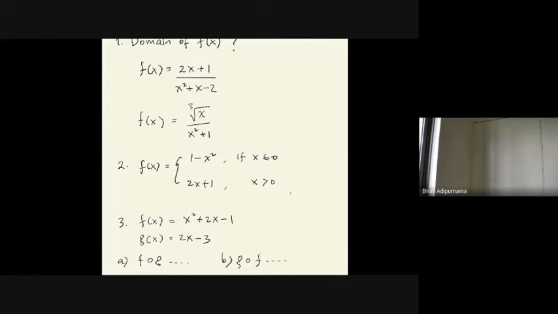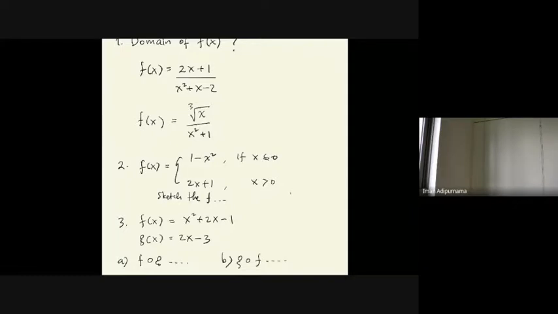So number one, you need to find the domain of functions. You have two functions here. Okay. And number two, you have piecewise. I forgot to write this question. So sketch the function. So number two, sketch the functions. You have, it's called piecewise defined functions.